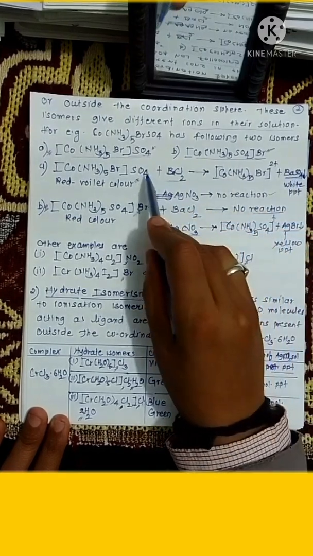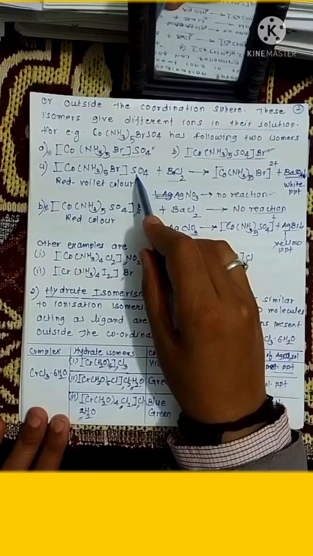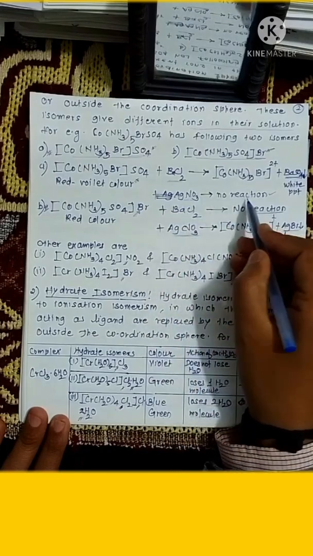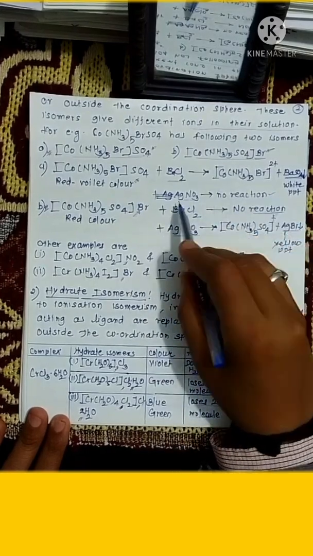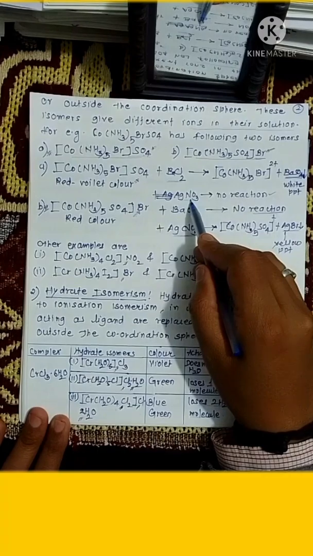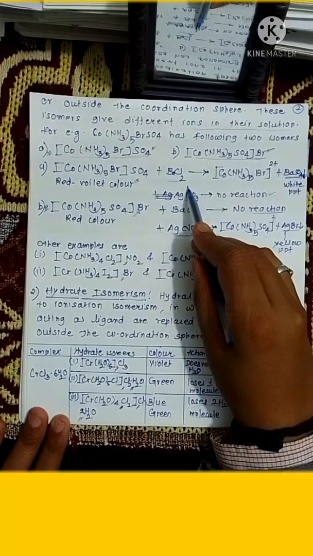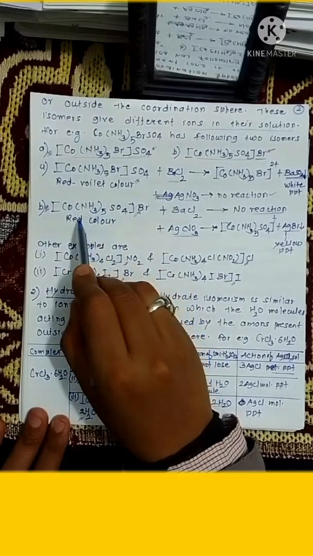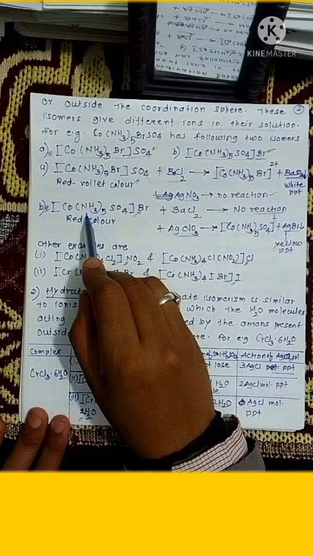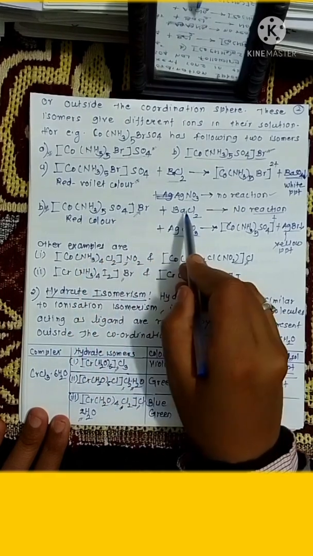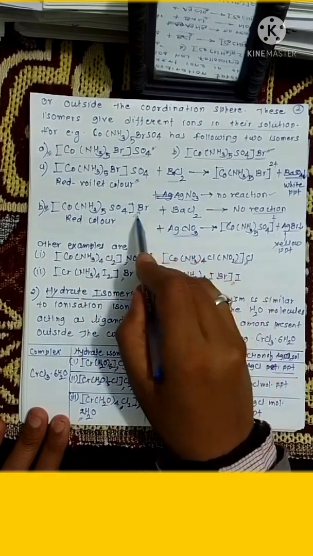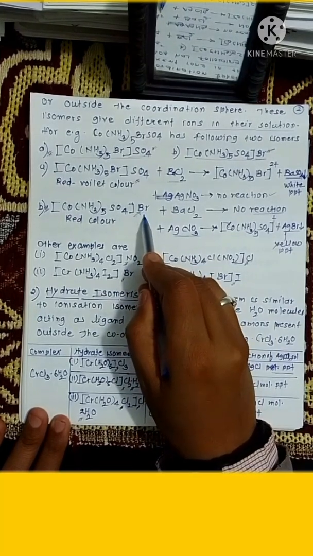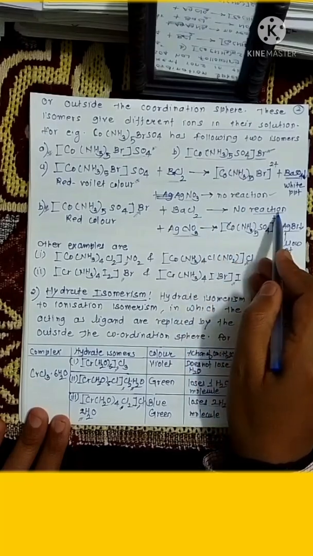But when we treat a solution of this complex with AgNO3, there is no reaction, because AgNO3 solution reacts with halides. Now when this isomer of the complex is reacted with barium chloride, bromine is the counter ion, so there is no reaction taking place.